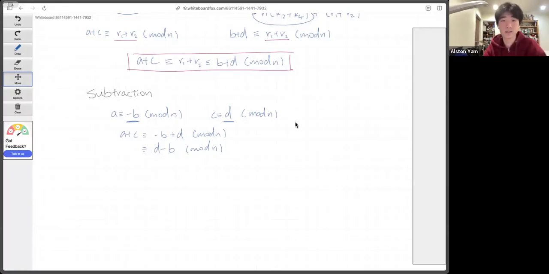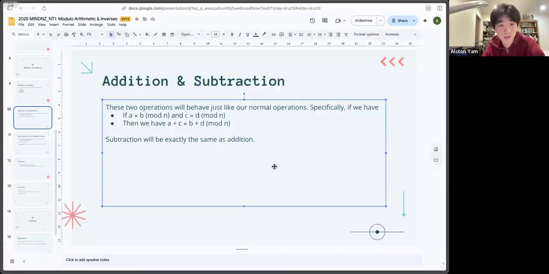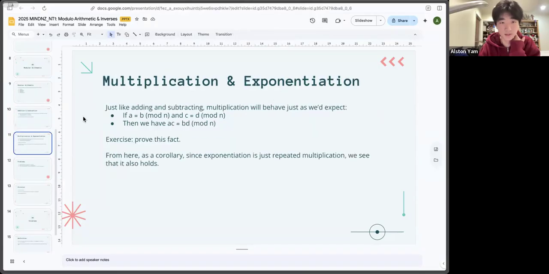Yeah, that's basically the same idea as addition, we've just moved on to subtraction. And let's go on to the other operations, which are multiplication and exponentiation. Exponentiation is repeated multiplication, right?